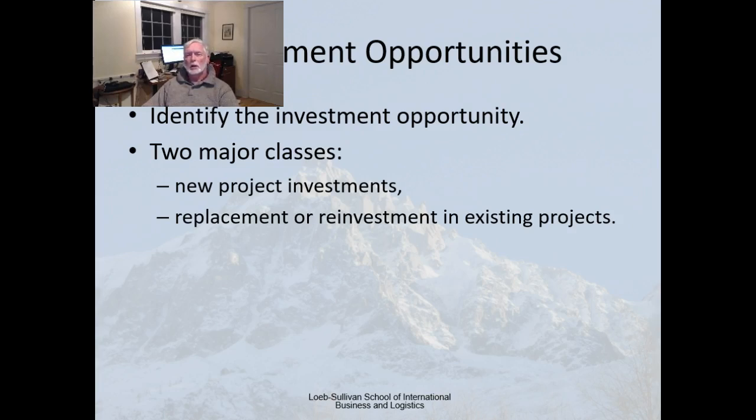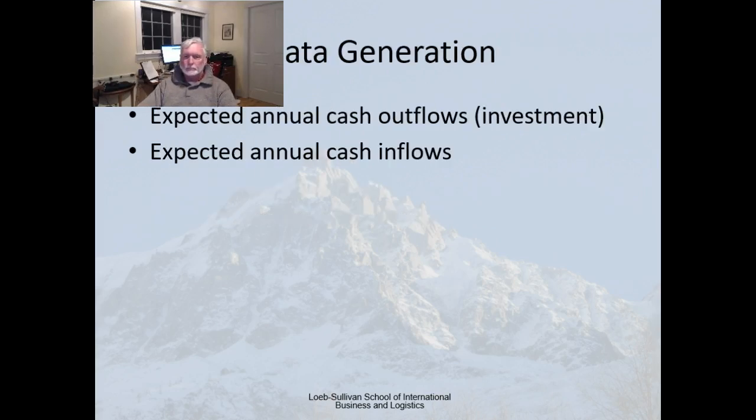That would be a new project investment. The second part, the reinvestment, would be let's remodel our existing store. Let's put in new carpets and better lights and new display fixtures or whatever it is that we're doing in our retail store. So two different kinds of opportunities, and then within those opportunities, there's obviously lots of choices.